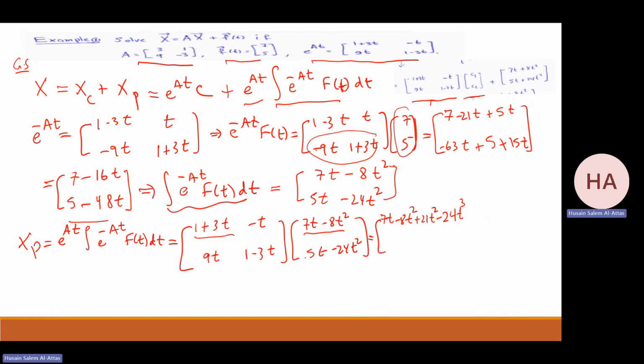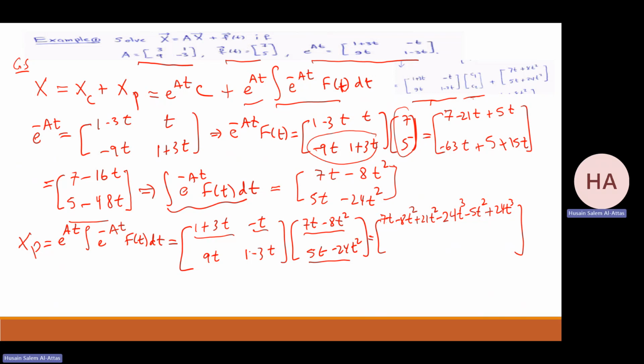Okay. And this times this, minus 5t squared, minus 5t squared, plus 24t cubed. Okay. That will be what?